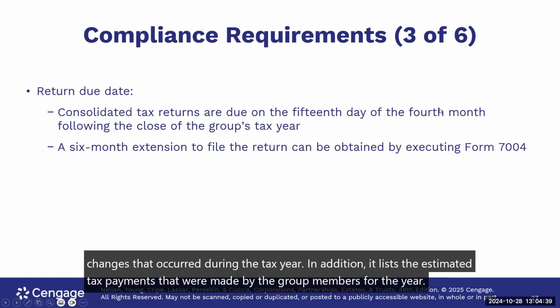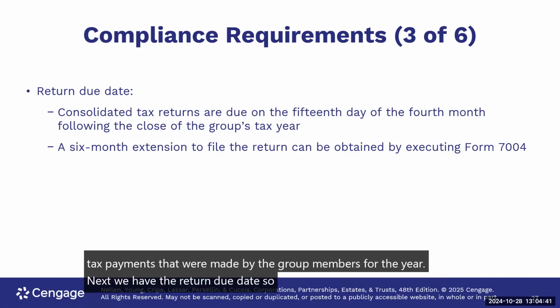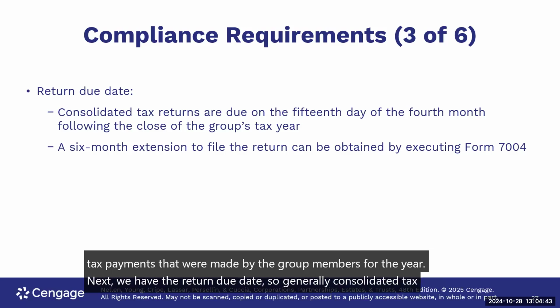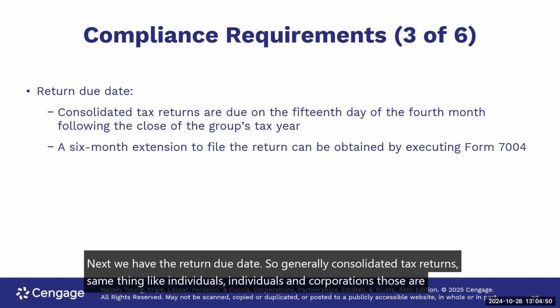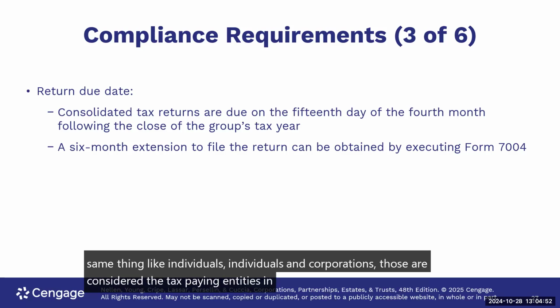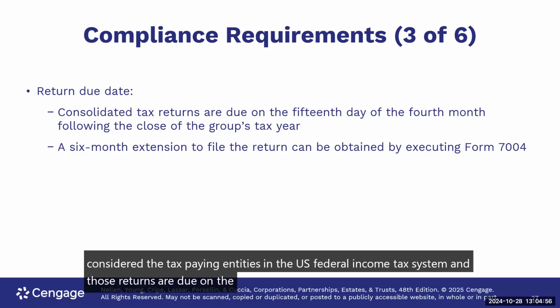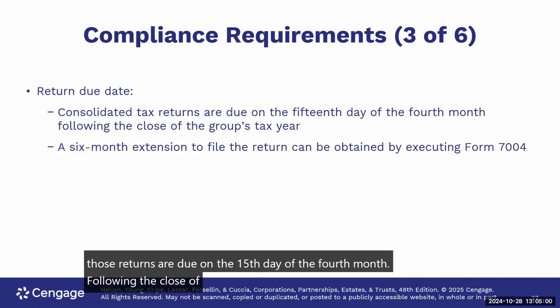Next, we have the return due date. Generally, consolidated tax returns, same thing as individuals and corporations, are considered the tax-paying entities in the U.S. federal income tax system. Those returns are due on the 15th day of the 4th month following the close of the group's tax year. Simply stated, April 15th each year.